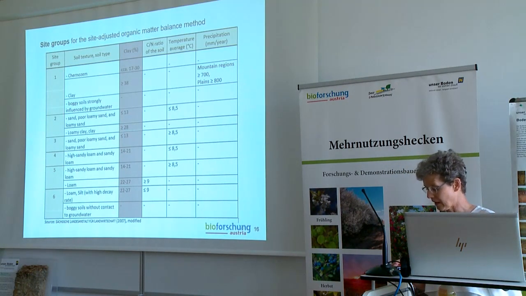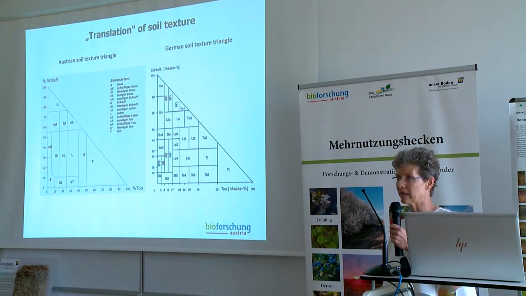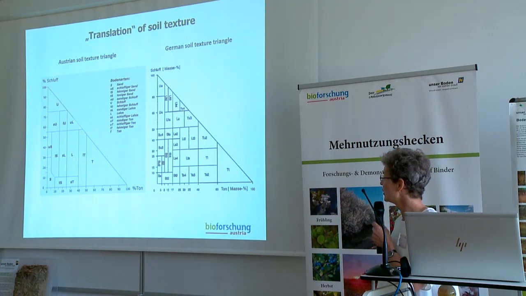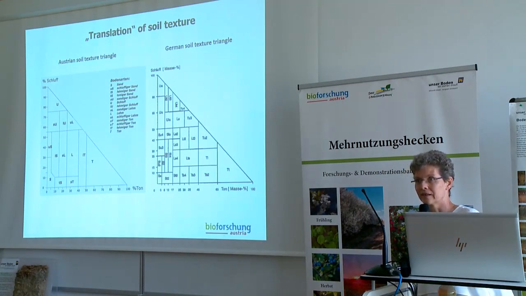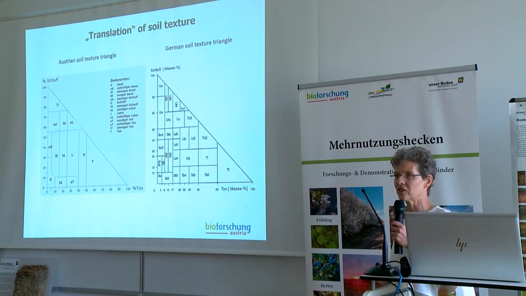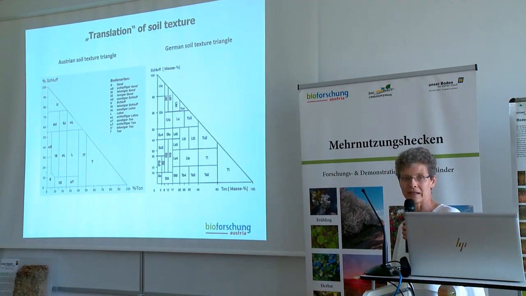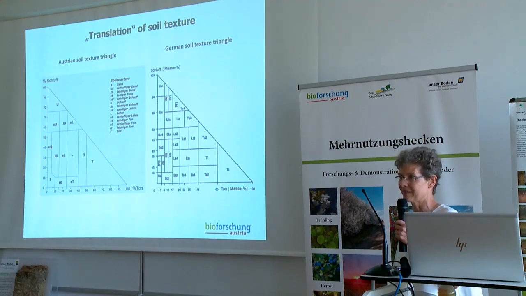And this was at the same time the first challenge for producing this map, because as Hartmut Kolbe is a German, he used the German terminology for soil texture. The denominations are similar, but the content is a little bit different.